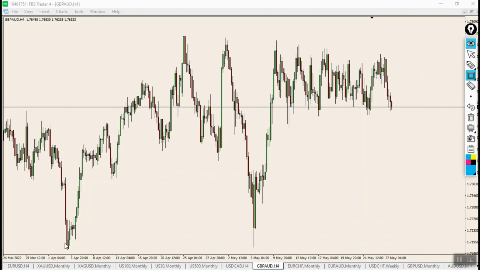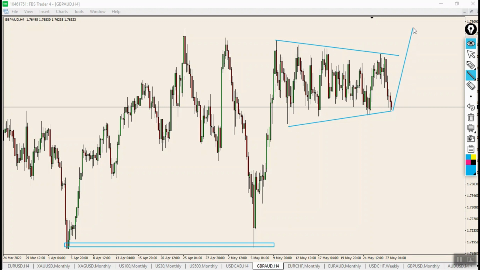We have the zone here, double bottom, and not only that, we have this continuation pattern, a symmetrical triangle, a continuation pattern to the high. So for now, when it comes to GBPAUD, we are anticipating more and more buys.